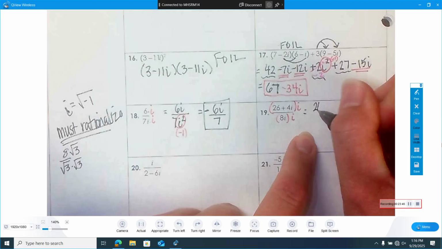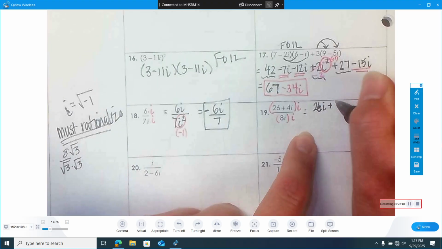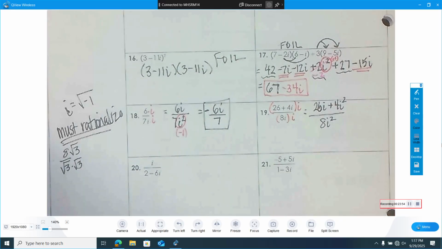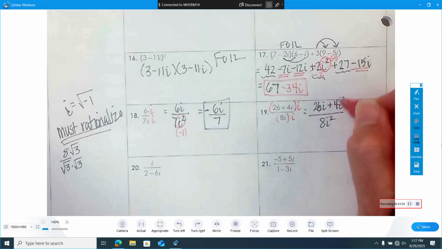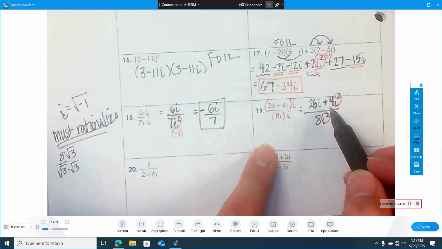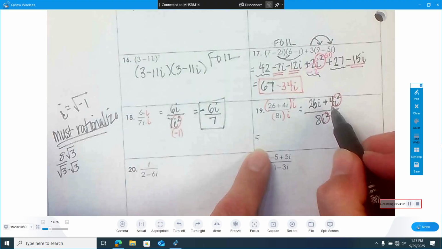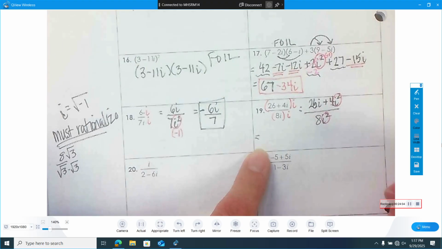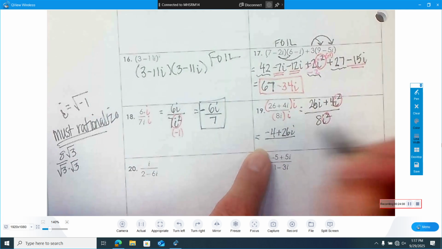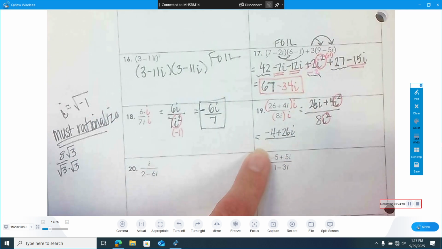So it becomes 26i plus 4i squared over 8i squared. And of course, we've got those i squareds in there, so I'm going to clean those up. So this becomes 4 times the negative 1, which is negative 4, plus 26i over negative 8.